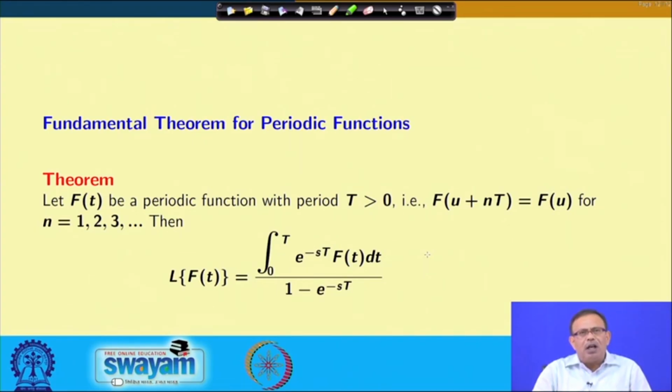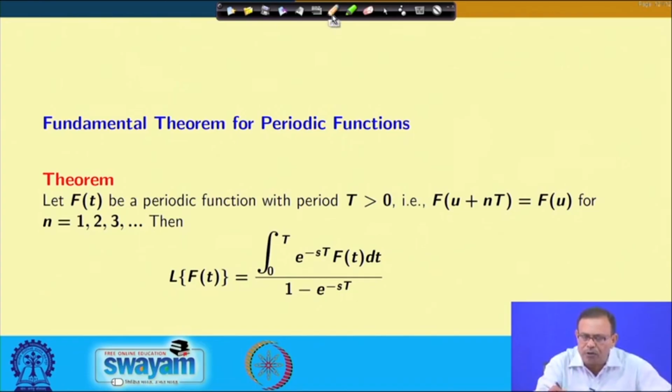In that case, the Laplace transform of that periodic function f(t) will equal the integral from 0 to T of e to the power minus s t f(t) dt, divided by 1 minus e to the power minus s T. So, using this formula directly, depending upon the periodic function f(t) and the value of the period T, we can tell what the Laplace transform of a periodic function will be.